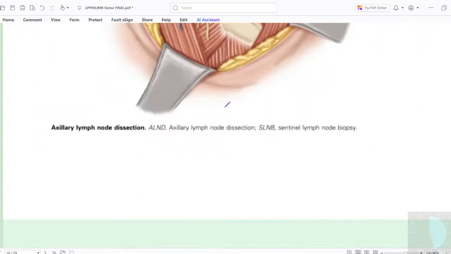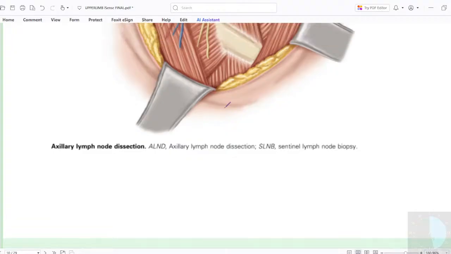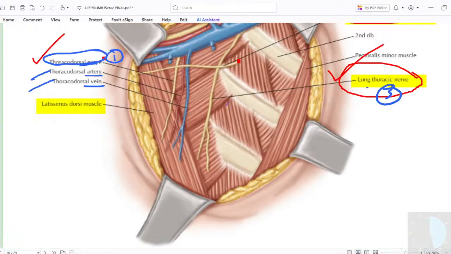So what vessels and nerves can be affected during mastectomy? Thoracodorsal artery, thoracodorsal vein, and the thoracodorsal nerve, intercostobrachial nerve, and long thoracic nerve.